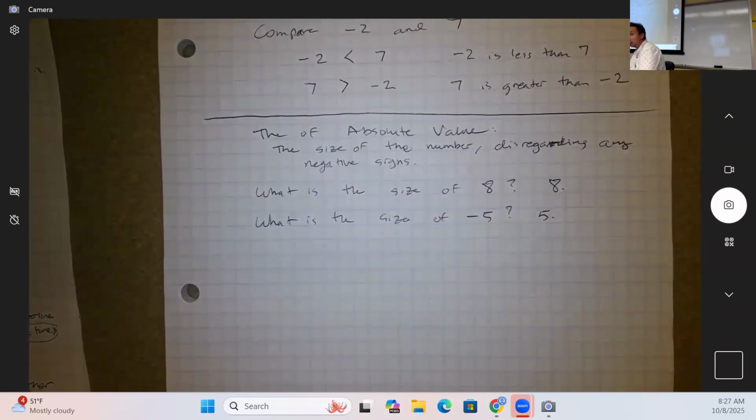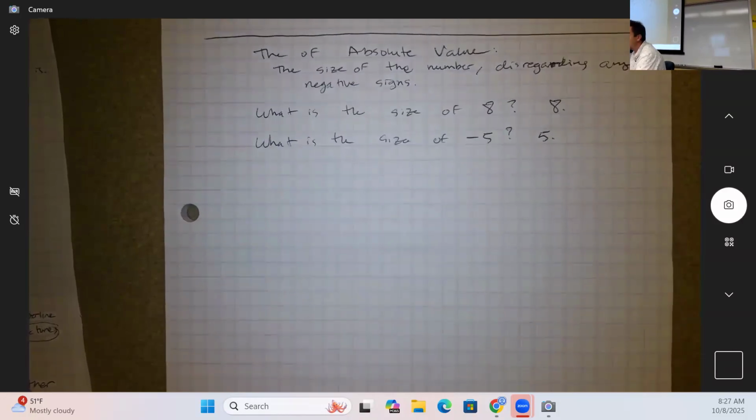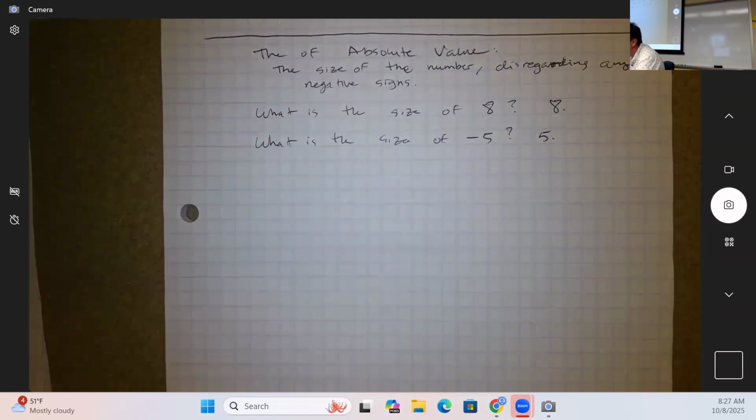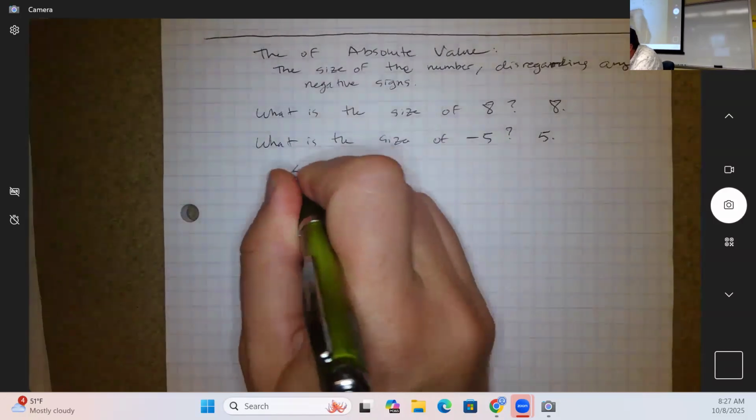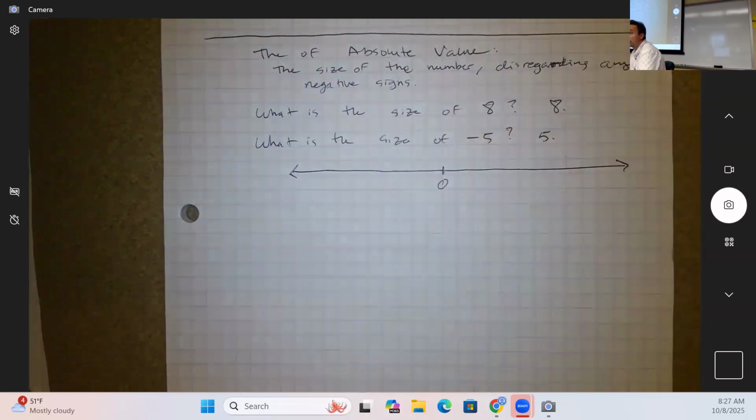Again, the picture approach, I think, is a great way to get an understanding for absolute value. Let's do the size of 8 first. Sometimes it really helps to watch math like a video instead of like a picture. So get those last couple notes prepped and then watch the screen.